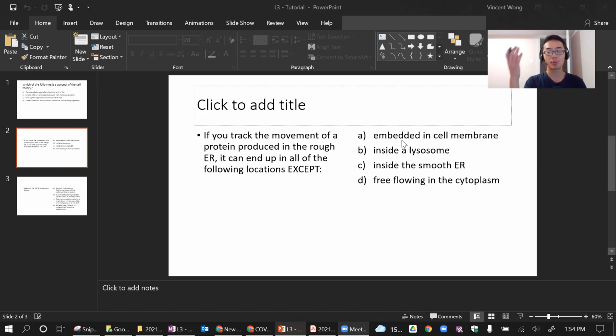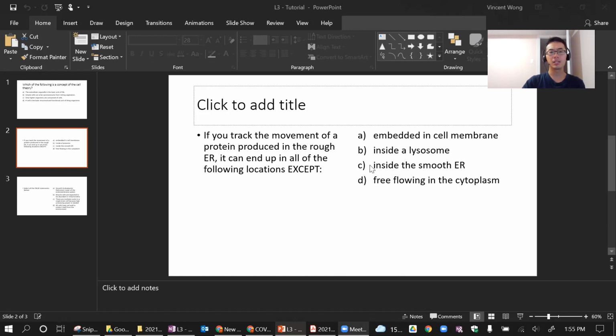After all, the lysosome contains a mixture of enzymes, and some of it could be from the rough ER. What it cannot end up in would be the smooth ER, because the smooth ER is where you make lipids. So the proteins that you produce from the rough ER have no business going to the smooth ER. So that is the correct answer.